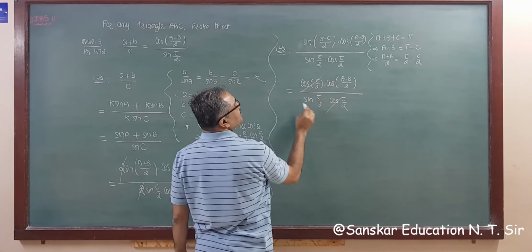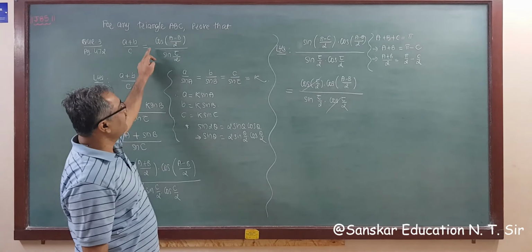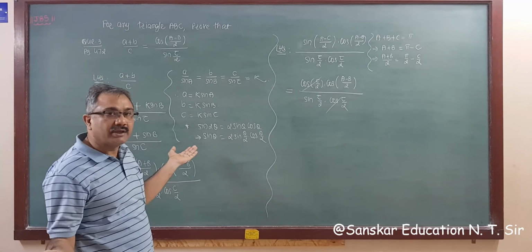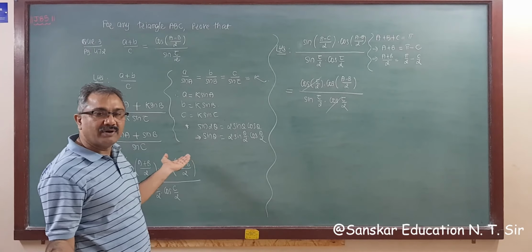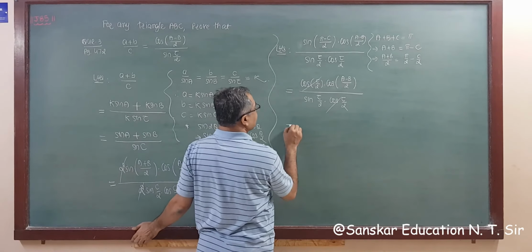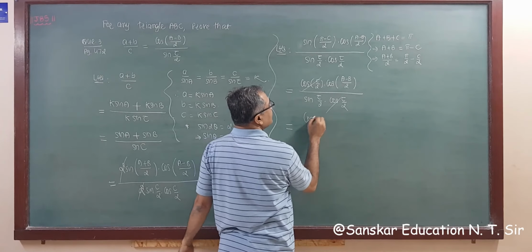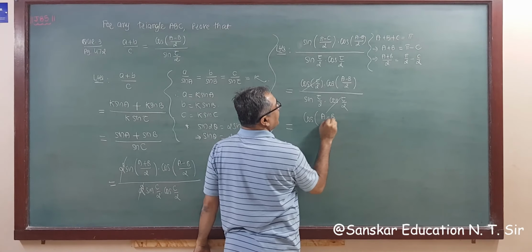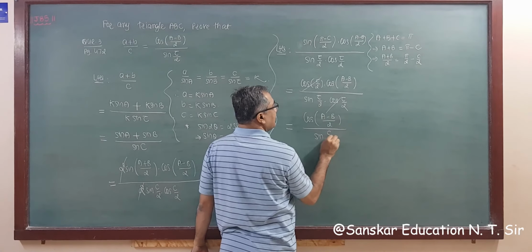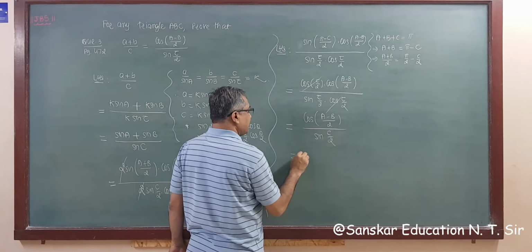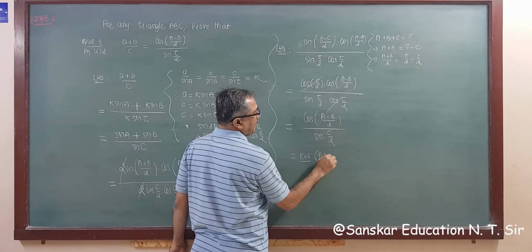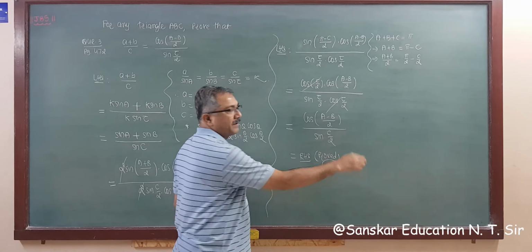This cos c by 2 will be cut and the remaining will be your answer, that is your right hand side. So what do we do? Nothing. Just apply the proper formula and simplify, you will get your answer. So this is cos (a minus b) by 2 whole upon sin c by 2, that is the right hand side. Correct?